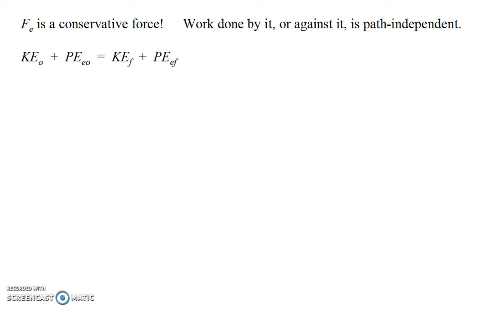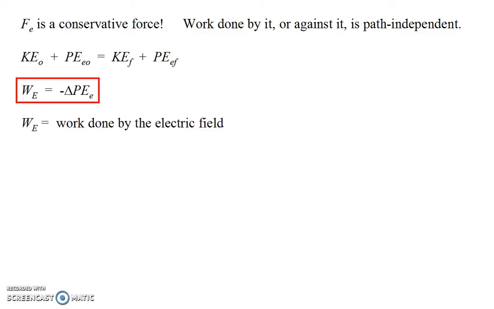You can write conservation of energy equations involving the electric potential energy. You might also recall a little equation about the work done by conservative forces. It always serves to decrease the electric potential energy, where W sub E is the work done by the electric field. If you are looking at the work done by the field, it's always going to try to decrease the object's potential energy. All objects want to lose potential energy as they're let go to do what they want to do. They go where they want to go. They lose potential energy.